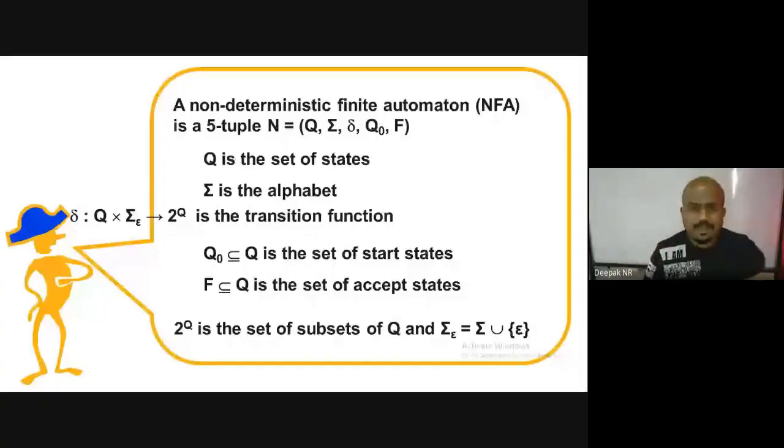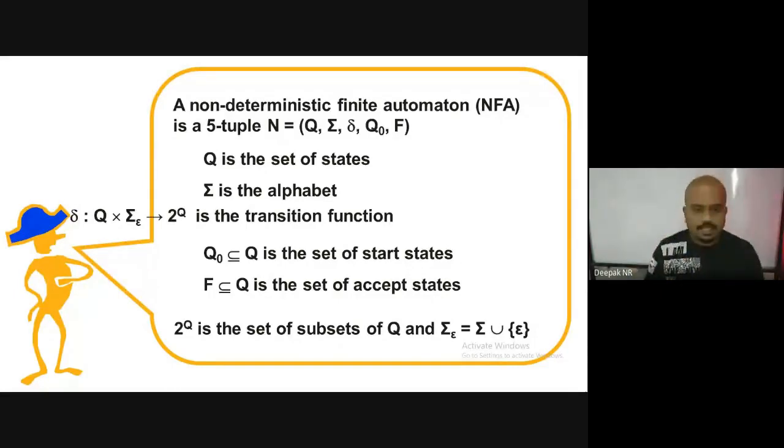Now let's define what exactly we mean by NFA. NFA stands for non-deterministic finite automata. Here again, an NFA has a 5-tuple: Q, sigma, delta, Q naught and F. Q stands for the set of states, sigma stands for the set of symbols, and delta stands for the transition.